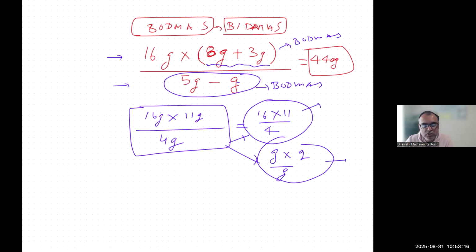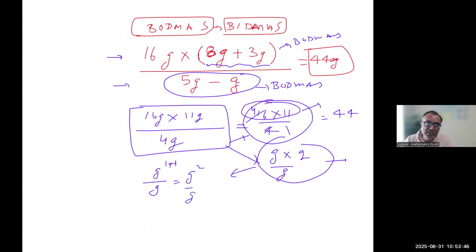So let's do 16 times 11 over 4. So 4 times 1 and 4 times 4. And 11 times 4 makes it 44. And g times g over g. If I were to do it at ease, applying all my laws, g times g makes it g^(1 plus 1) over g, which is g squared over g.